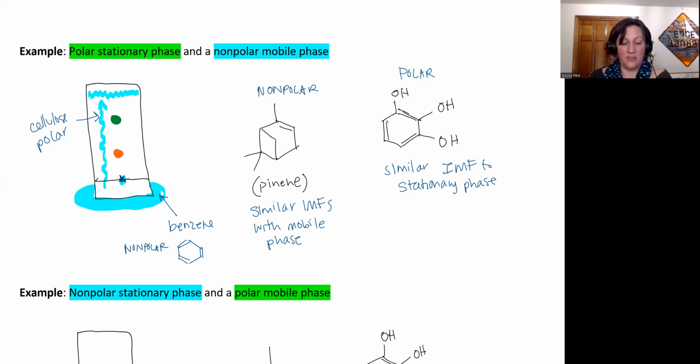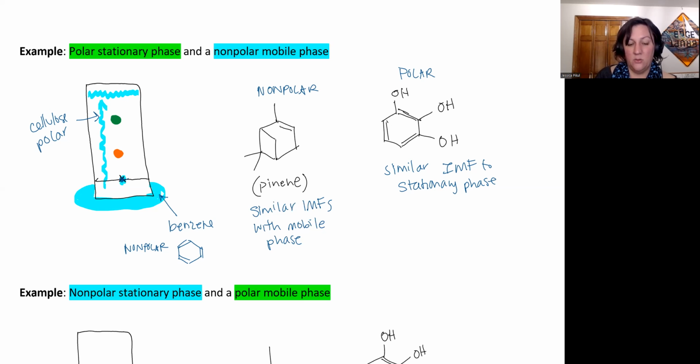So we expect our nonpolar pinene to interact best with the mobile phase and travel up the paper faster. While our benzene ring with the alcohol groups is polar, it's going to be attracted to and interact with the stationary phase of the paper.